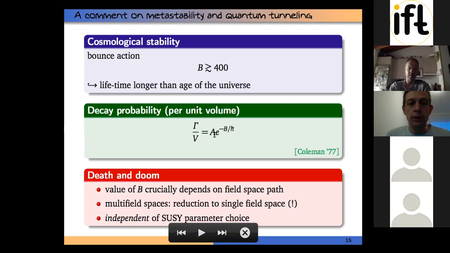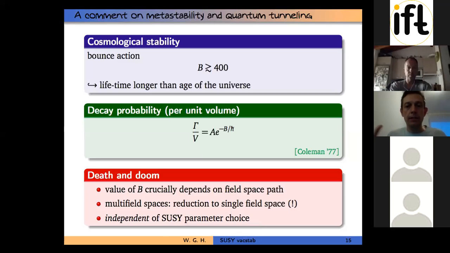So there is a coefficient A, and then the exponent of minus B, where B is the so-called bounce action, which describes basically the dynamics of this bubble wall that expands. You can somehow imagine it like a pot of boiling water where there are bubbles of vapor expanding, and then at the end, when the water is evaporated, basically you are in the new vacuum state.